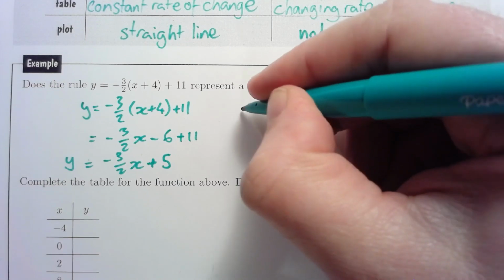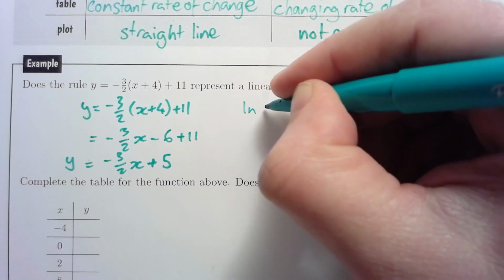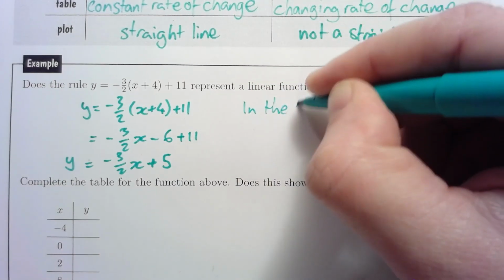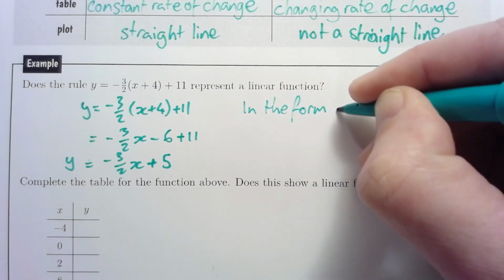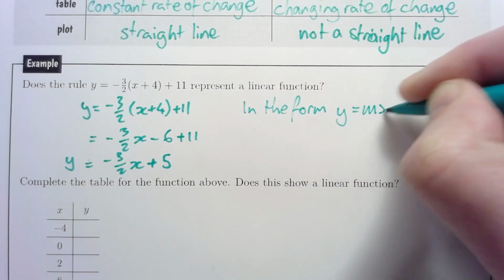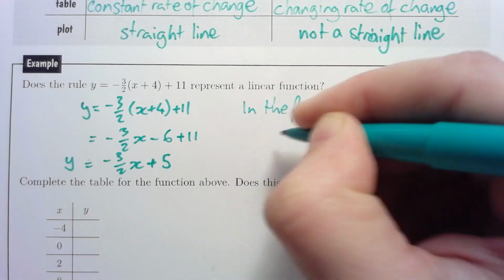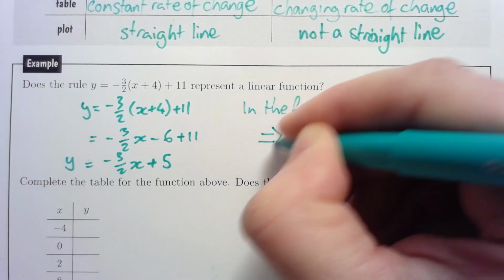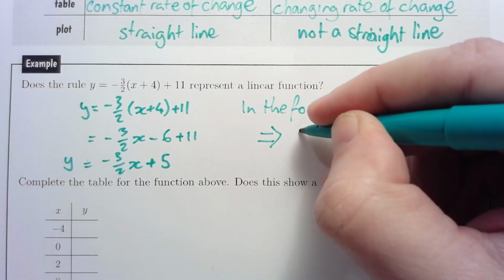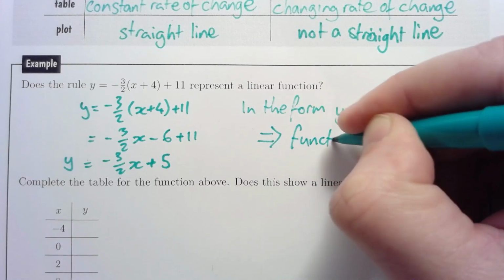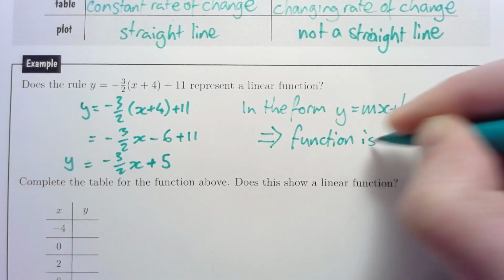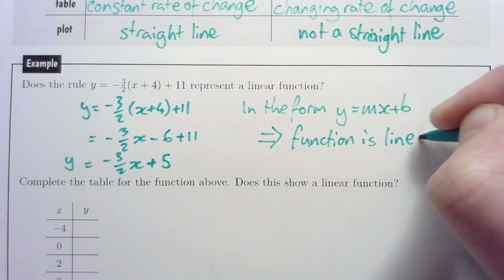So this is in the form y equals mx plus b, which means the function is linear.